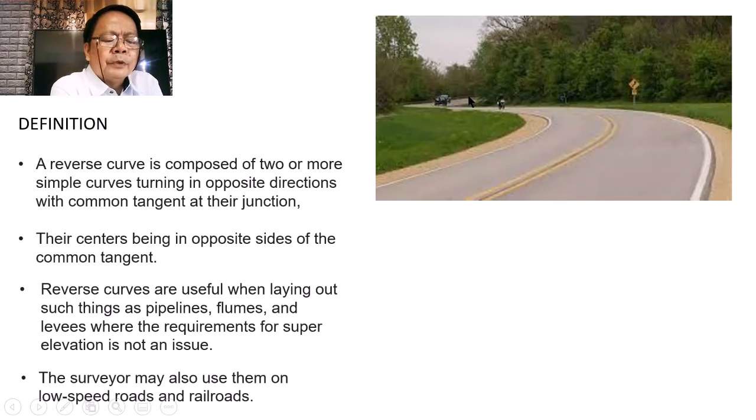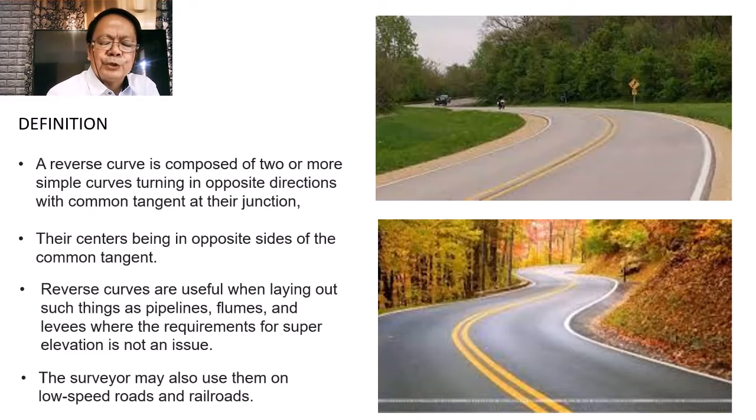Na kung saan the curves are turning in the different directions. So we also have here an example of a reverse curvature. So we have here a series of reverse curvature from this point, mula dito sa side nito, hanggang dito, and then hanggang dito. So we have here a series of simple curvatures that are turning in the different directions. So you have here reverse curvature.